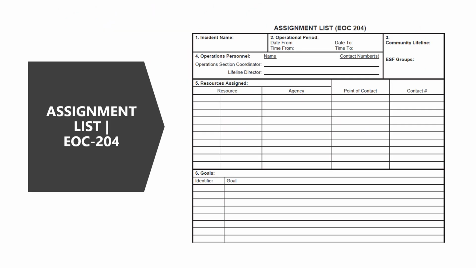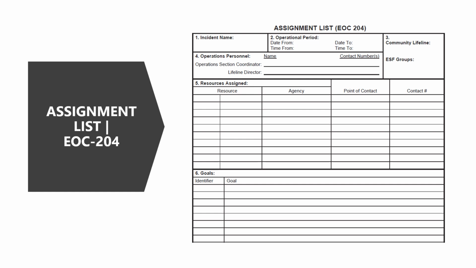So this form here is the assignment list, also known as the EOC 204. This form is utilized to let everybody know what the assignment is and who is assigned to do that task. So this would be utilized for our damage assessment teams.